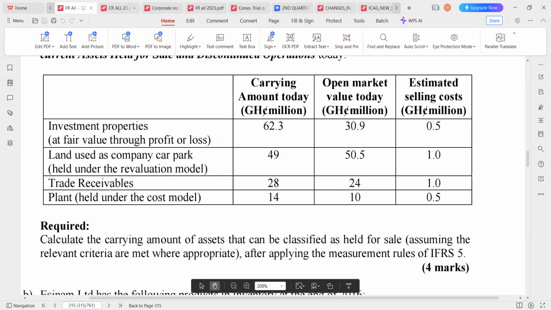No, I only said employee benefit. This is not employee benefit. This is the company's car park, which qualifies to be classified as held for sale. They are selling their car park. Oh, okay, so that one is allowed.